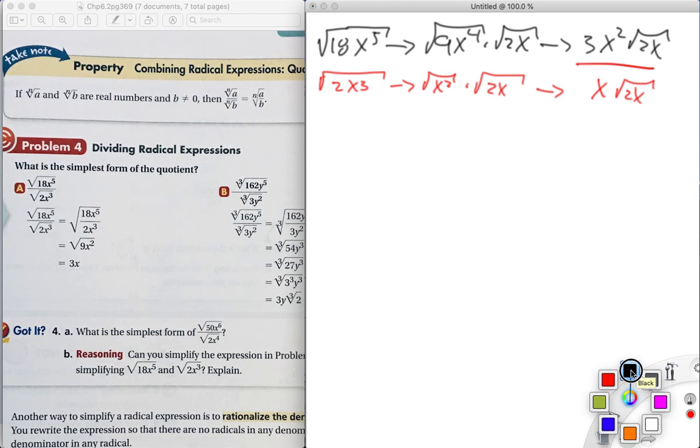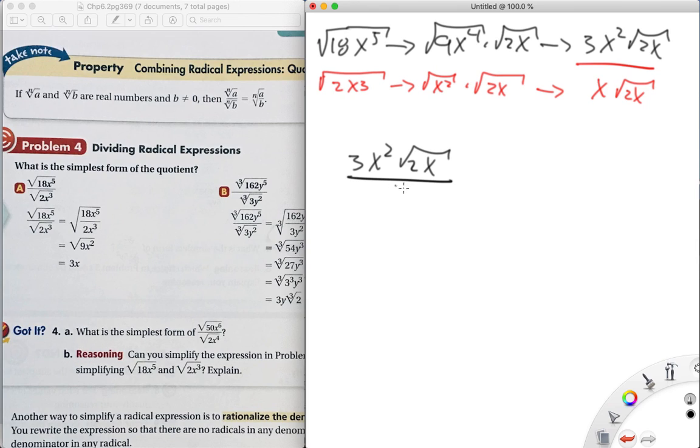So having that, 3x squared square root of 2x over x square root of 2x. The square root of 2x cancels out. 2 minus 1 is 1. So I get 3x to the 1, which equals 3x, which is the same answer that we got for A. So I can do that, or I could just divide it through and then square root, which is a lot easier.